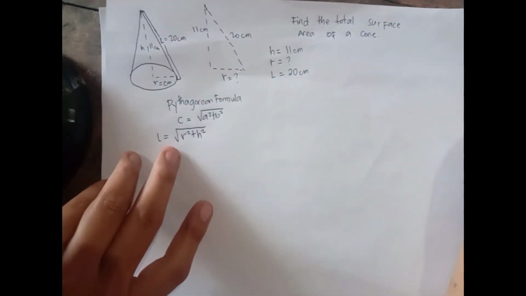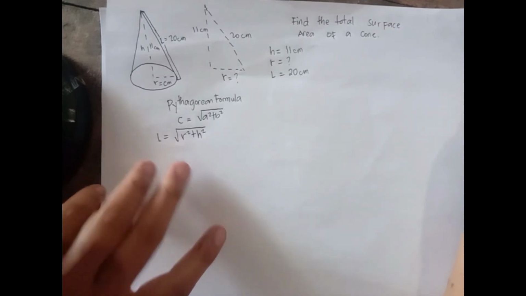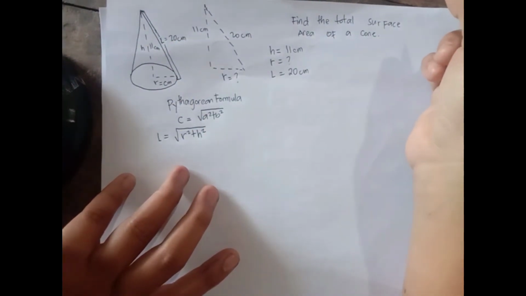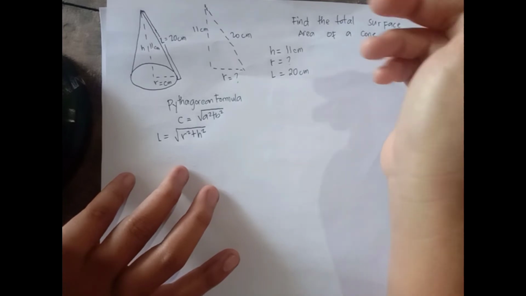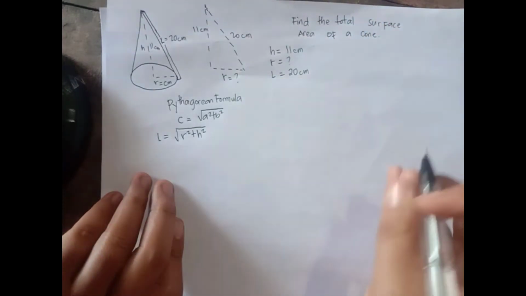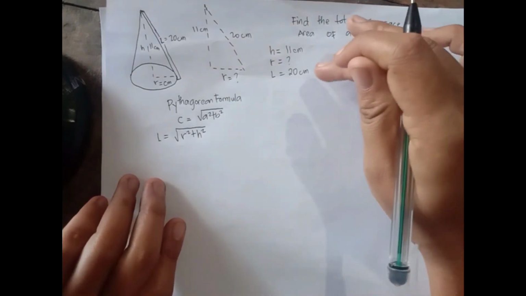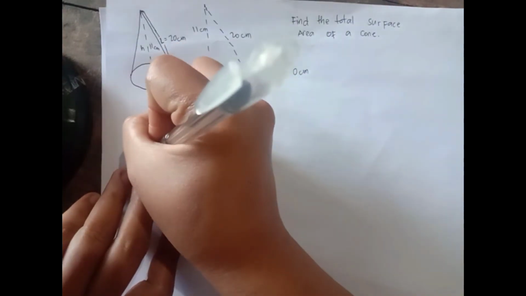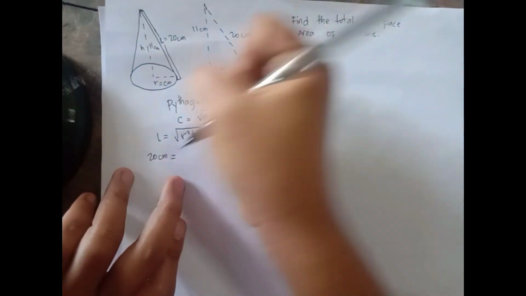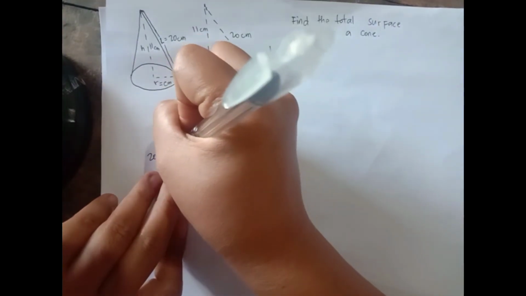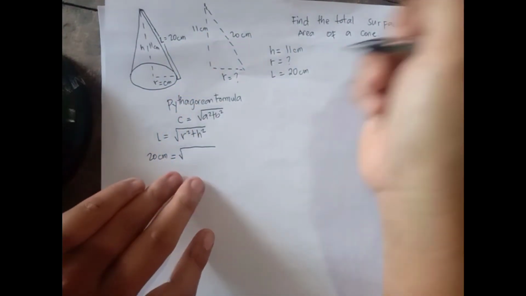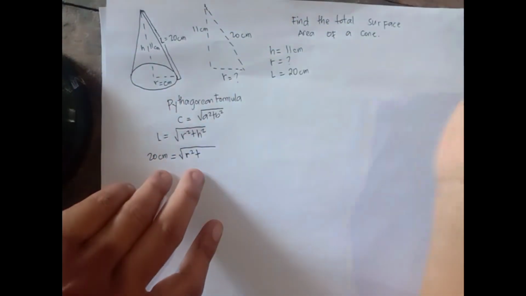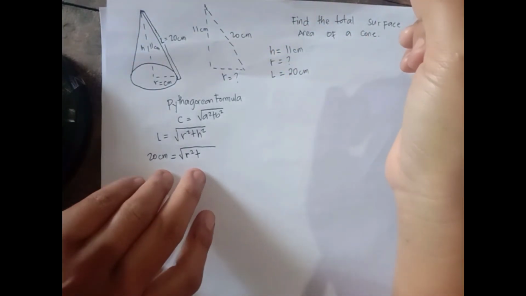Okay, so paano na ma'am kay wala may R squared, wala may R or radius. So ato ang distribute ang mga measures niya. So ang atong L, ato ang butang ang measure sa slant height first. Next, wala man tay radius, so ato lang isulat is radius. Next, plus H. Unsa tong H?